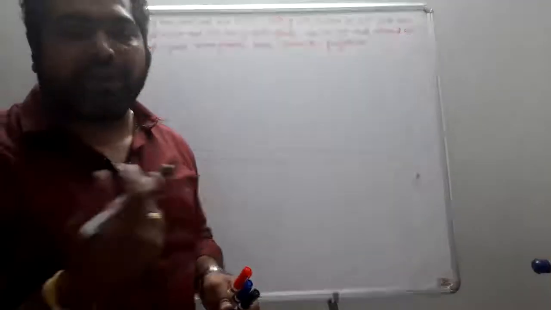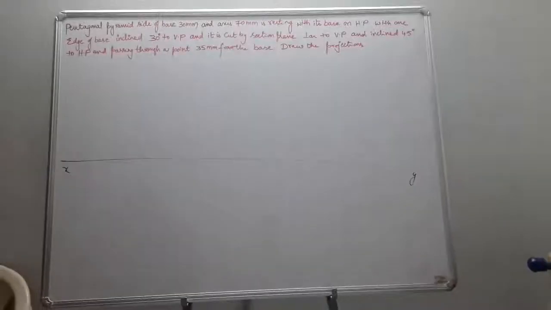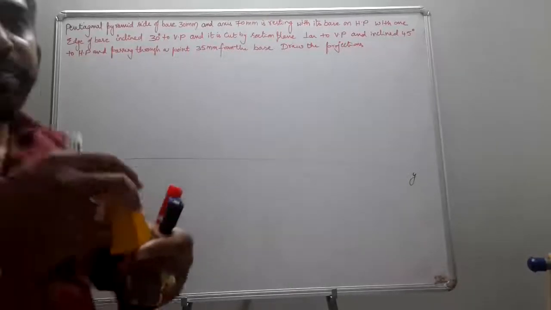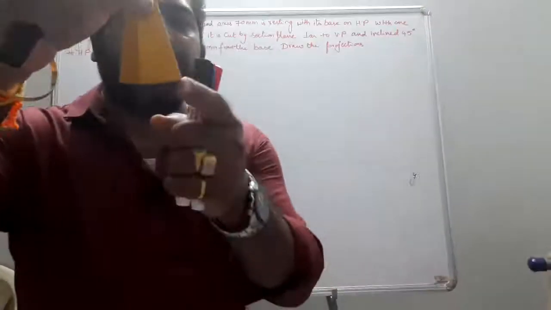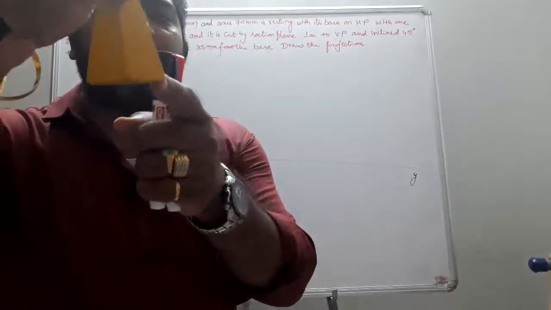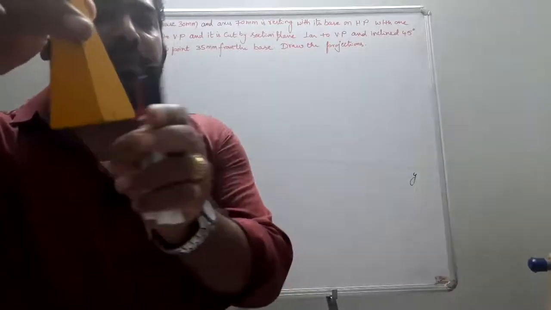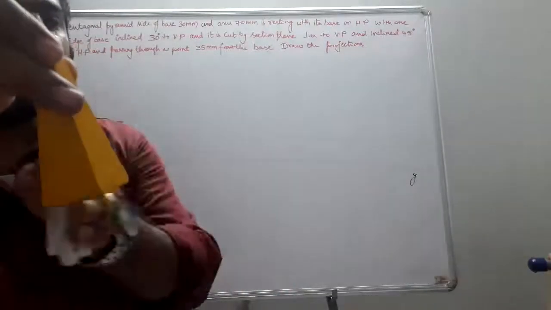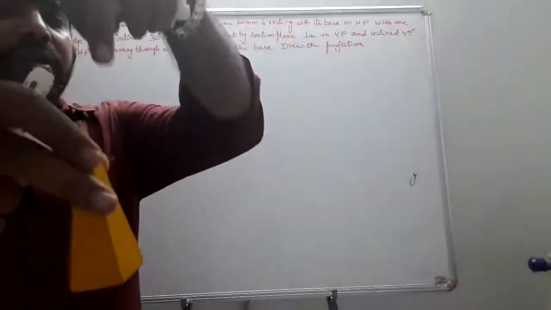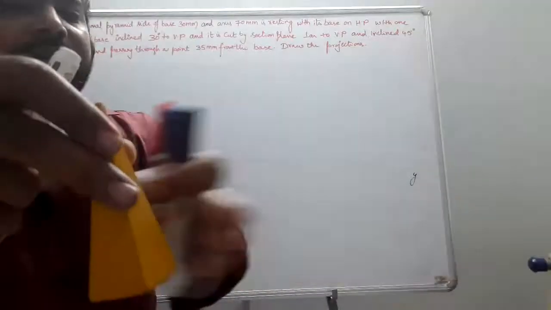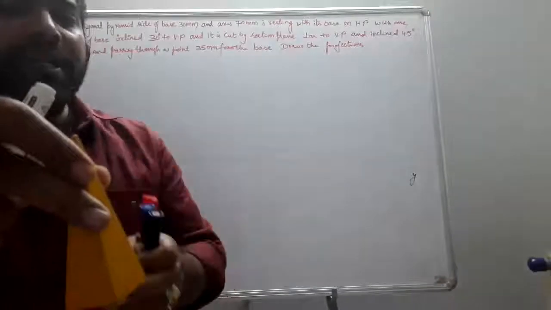Whenever you consider the base edge, these are the base edges. This edge is inclined 30 degrees to VP. How can you see that? When you see from the top view, you see this inclination of 30 degrees to the horizontal. So the top view gives the true shape.